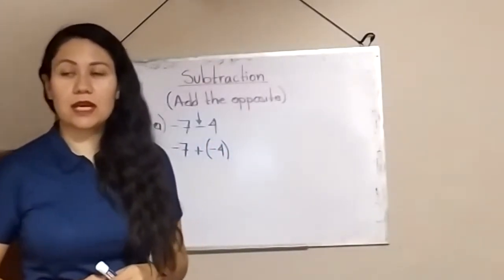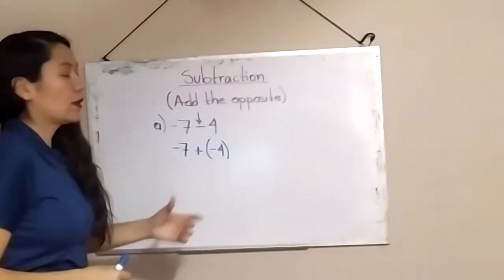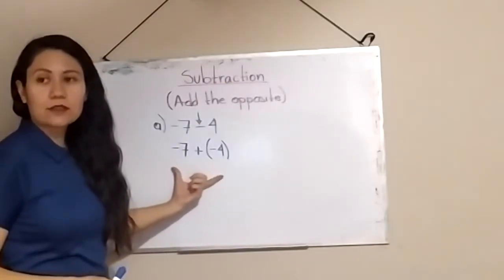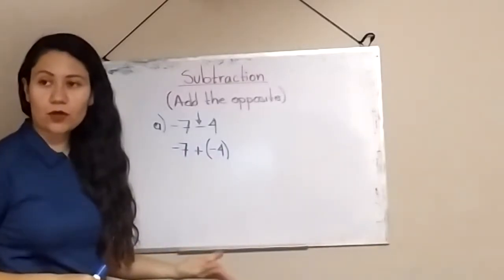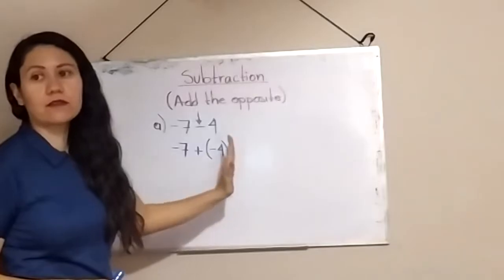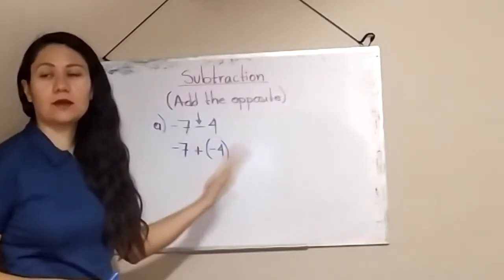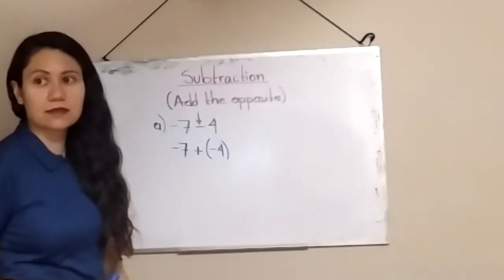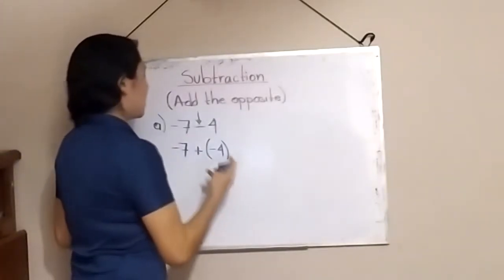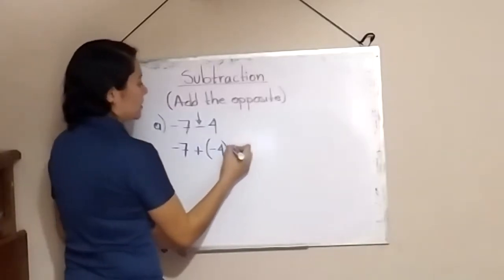And according to the addition rules, what happens when we are adding two numbers that have the same sign? We are going to make a normal addition of the absolute values, and then we are going to give it the sign of the addends. Okay? So, how much is 7 plus 4? It is 11.